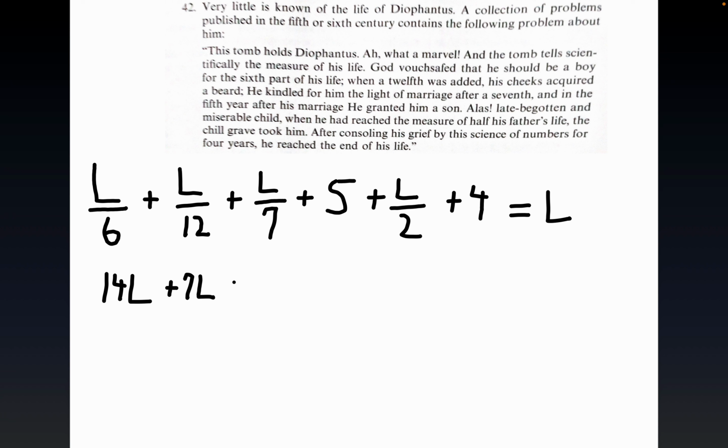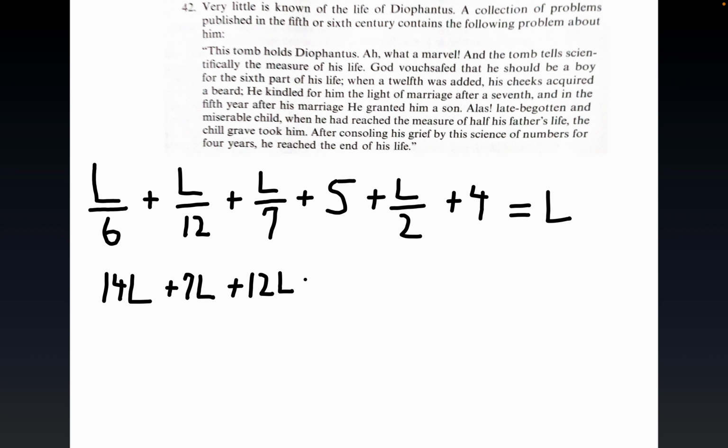That's 12L, plus 12L. Okay, 84 times 5. I'll just keep going like this.